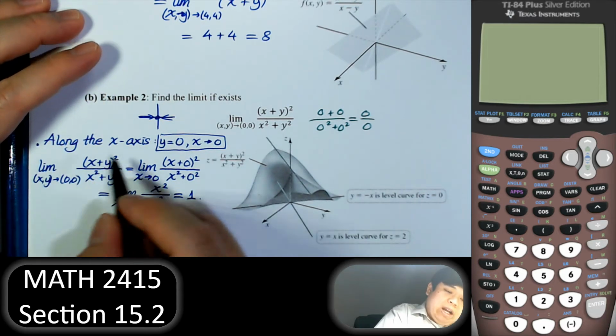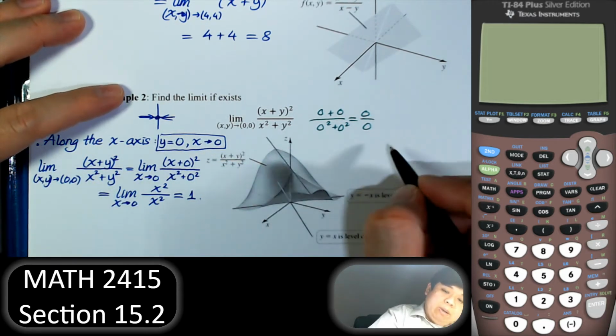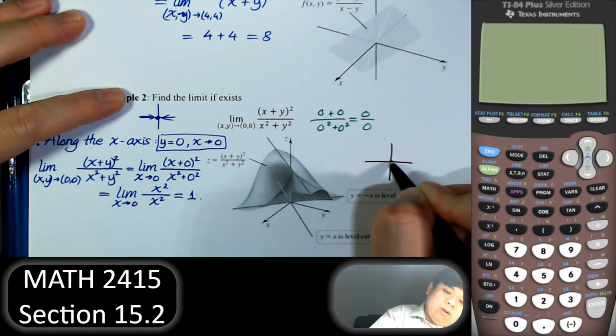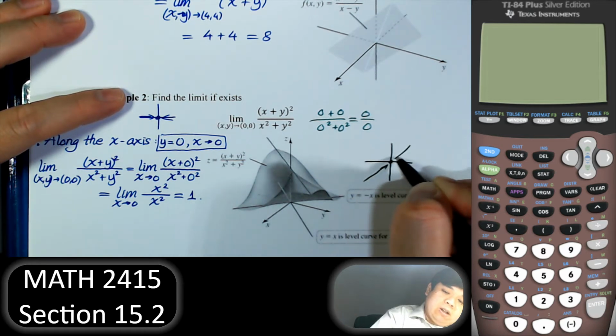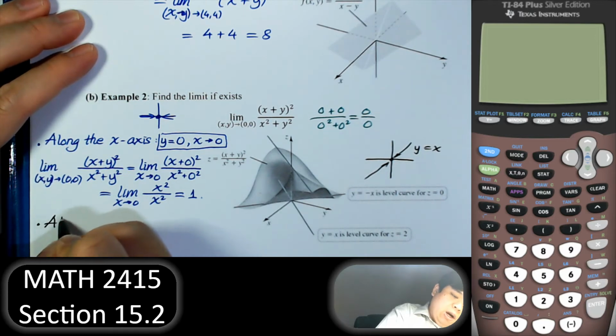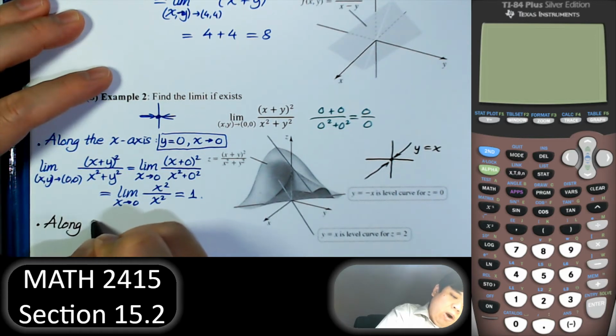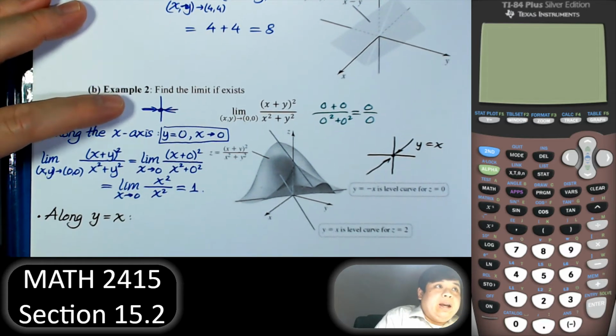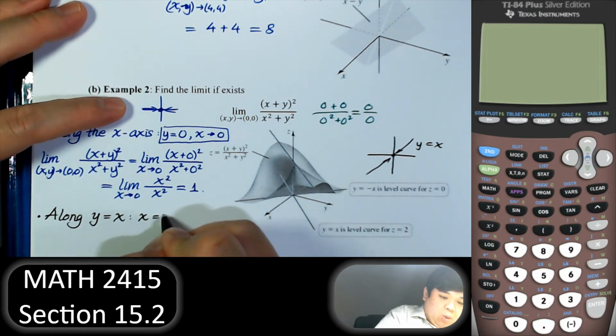Now let's try something a little different. How about, because we can go to the point like this, or we can approach the point 0, 0 in this direction, where we say y equal to x. So if we do this along the y equal to x line, in this case x is equal to y, and then we let x go to 0.